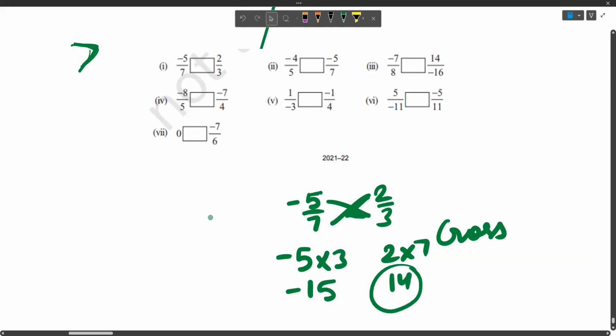Just cross multiply and see which number is greater. The equivalent fraction of that number will be greater. Clear?